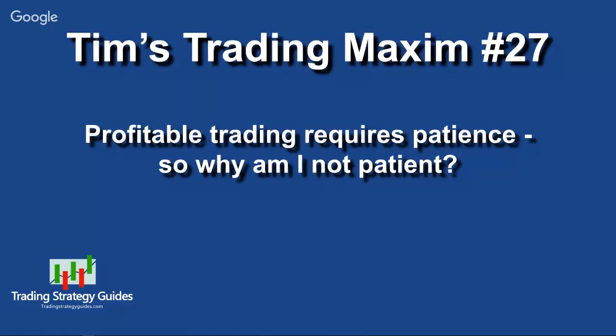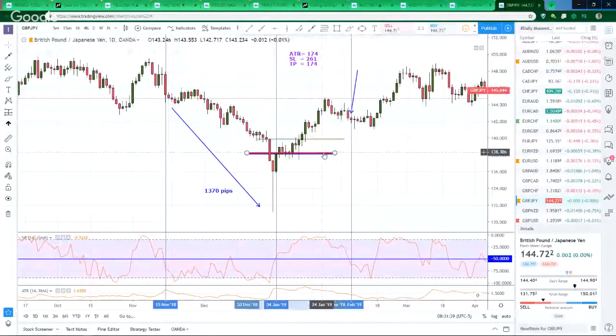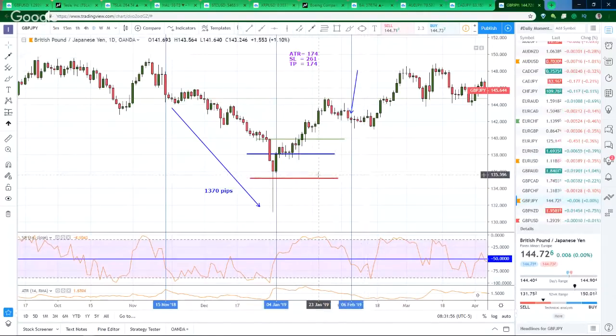What you have to do is look at your profit at the end of the day. And in this case, let me go back to this example to try to demonstrate it better. I'm going to move this back. I don't know exactly where this was, but it was a 261 pip loss. If this goes all the way down to a 261 pip loss, then I've lost 2% of my account.